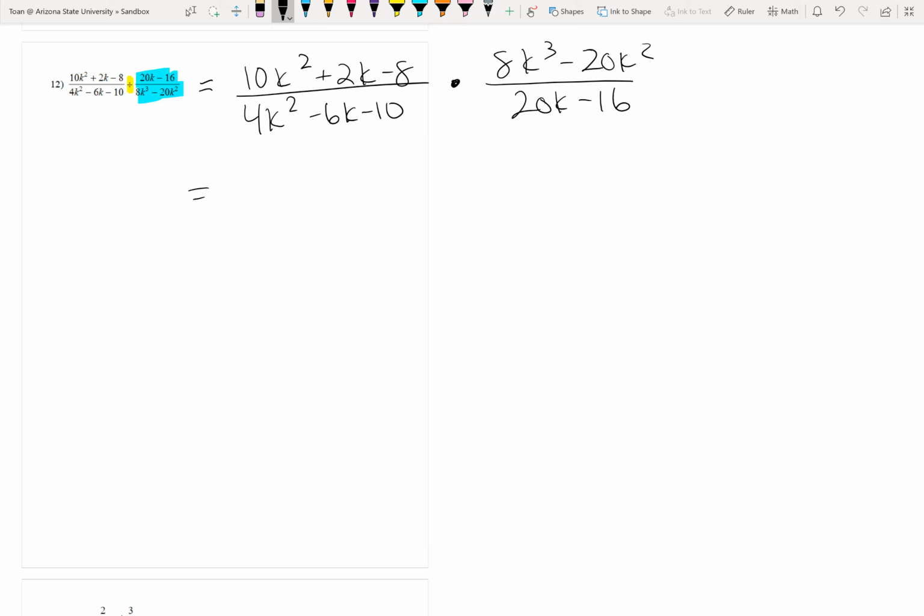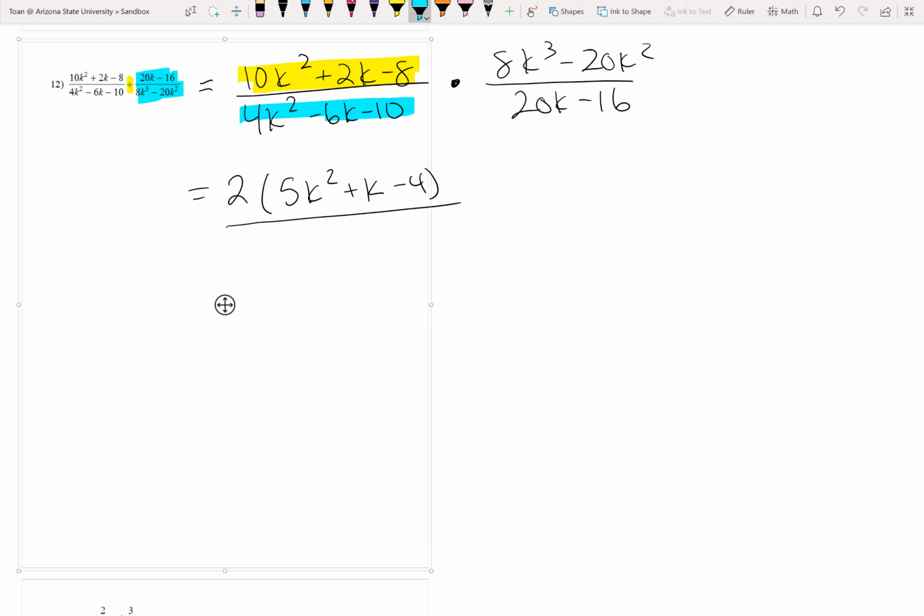Then you go ahead and factor like crazy here. So this guy here, I can pull out a 2. So that's 5k squared plus k minus 4. So that's this guy here. Over here, I can pull out a 2 as well.